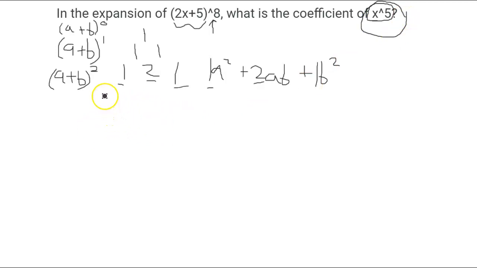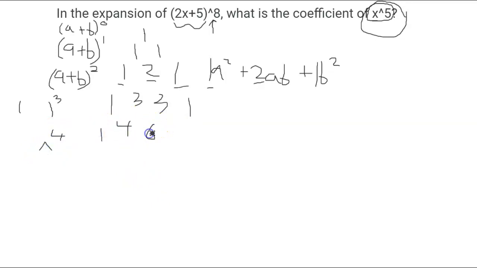Now, I could go ahead and do the 3rd power, and the 4th, and the 5th, and the 6th, and the 7th, and the 8th, but that would take far too long, and there'd be too much opportunity for arithmetic errors.